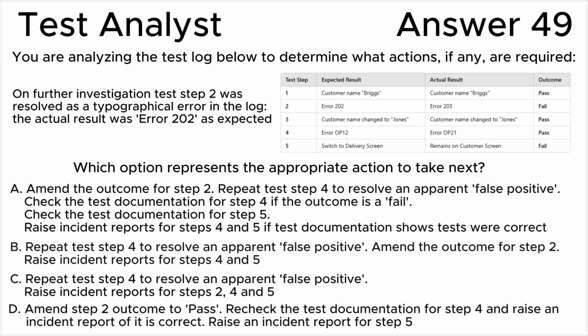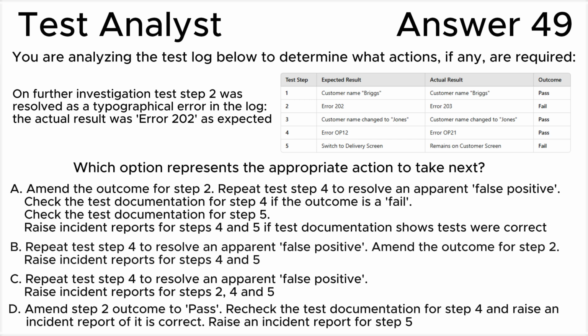Step 2, error 202, expected. Error 203, logged, but later confirmed as error 202. This was a typo in the test log, meaning the test actually passed. Action: amend the outcome to pass.